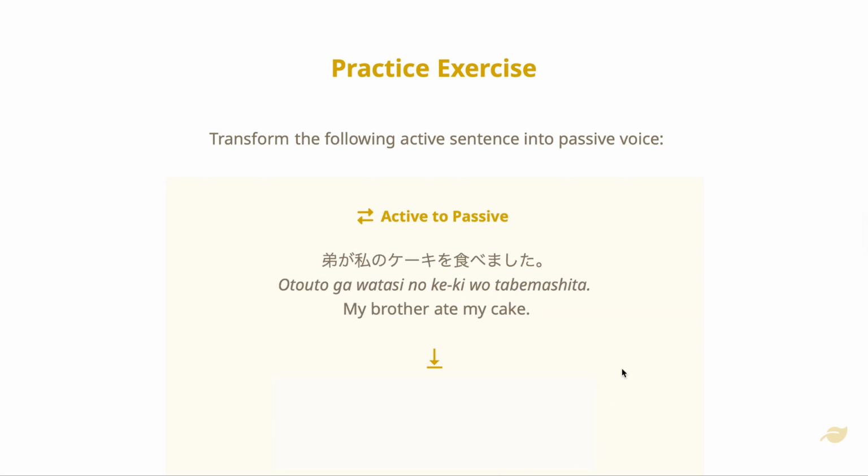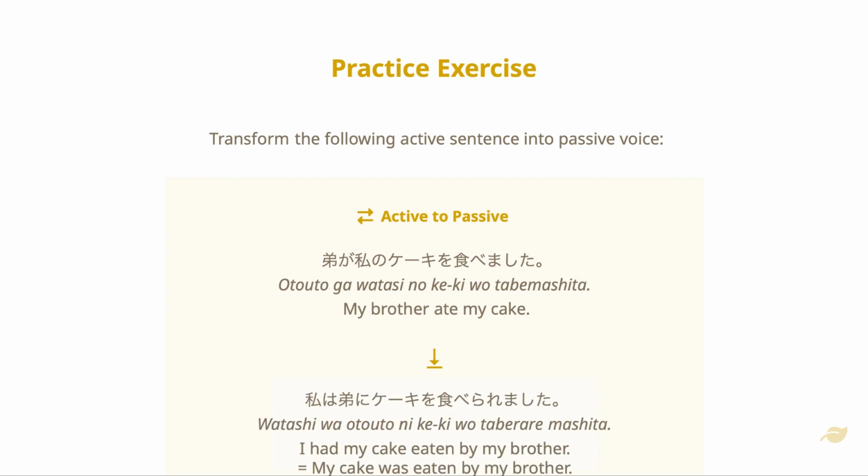弟が私のケーキを食べました。My brother ate my cake. How can we change it to passive voice? The answer is 私は弟にケーキを食べられました。I had my cake eaten by my brother. Or we can also say, my cake was eaten by my brother. In this case again, we need に as by.